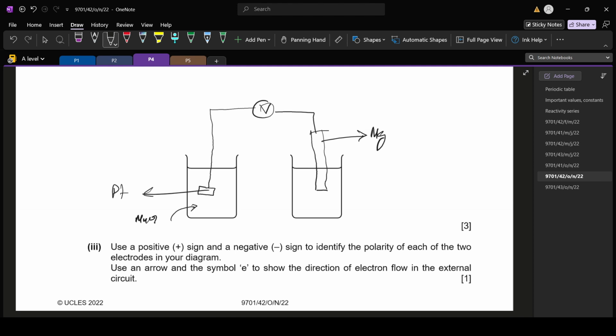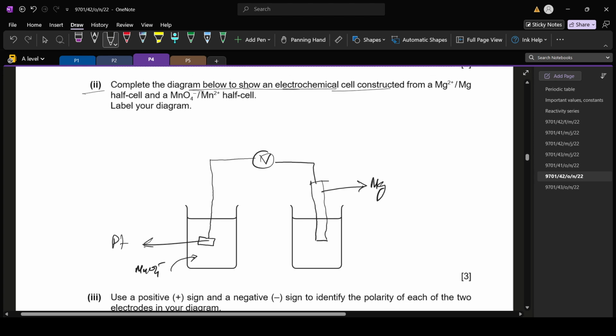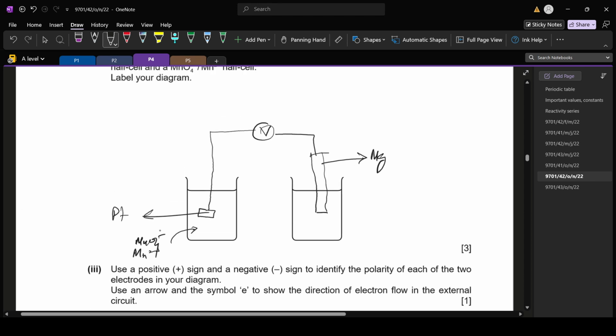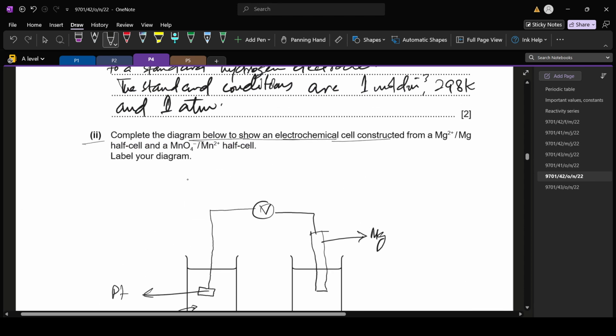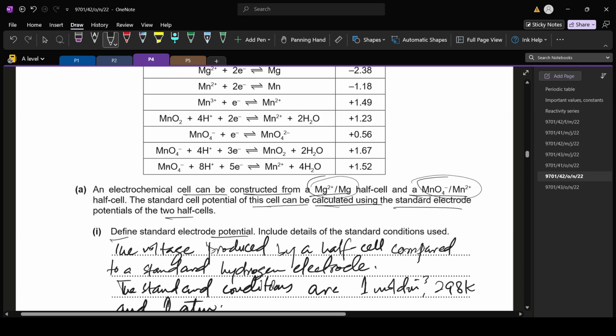And in solution there will be MnO4 ions and Mn2+ ions. Also H+ ions, as you can see from the equation.